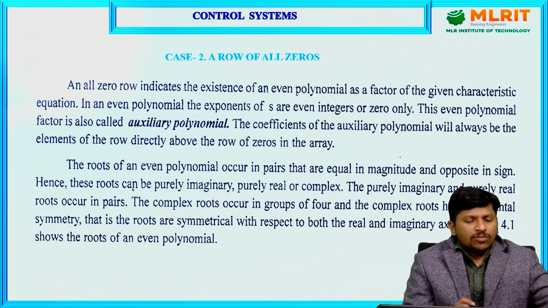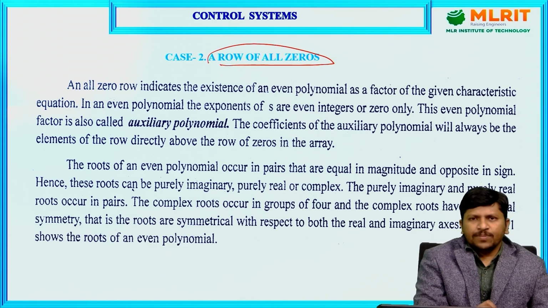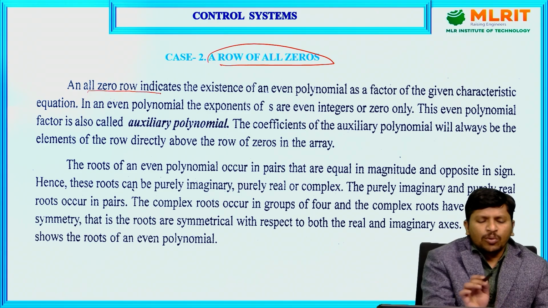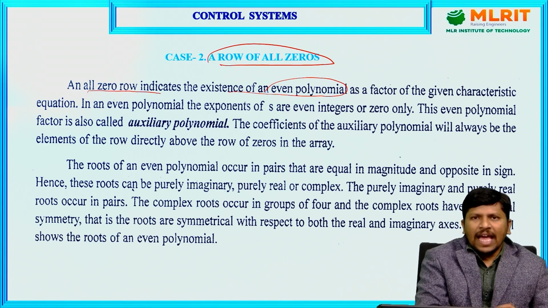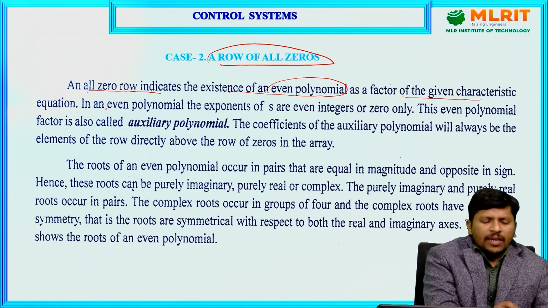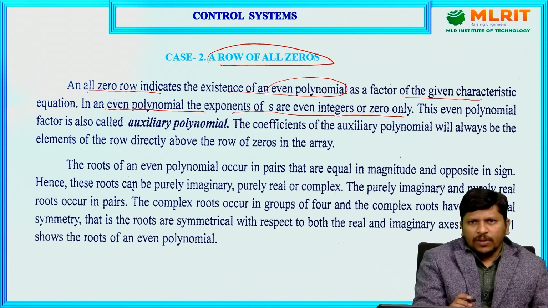Next, coming to the second case, a row of all zeros. An all-zero row indicates the existence of an even polynomial as a factor of the given characteristic equation. In an even polynomial the exponents are even integers or zeros only.